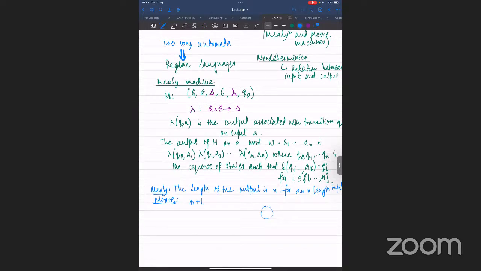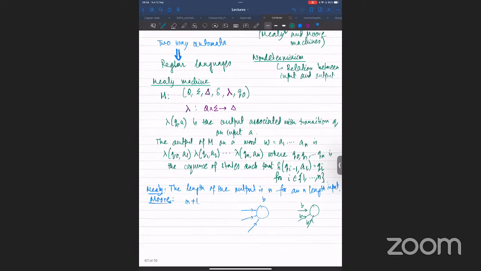So if you have an output here, let's say some output B, and this is a Moore machine, then in the corresponding Mealy machine, on all the incoming transitions, you would have an output B, right? So this is what we saw, correct?